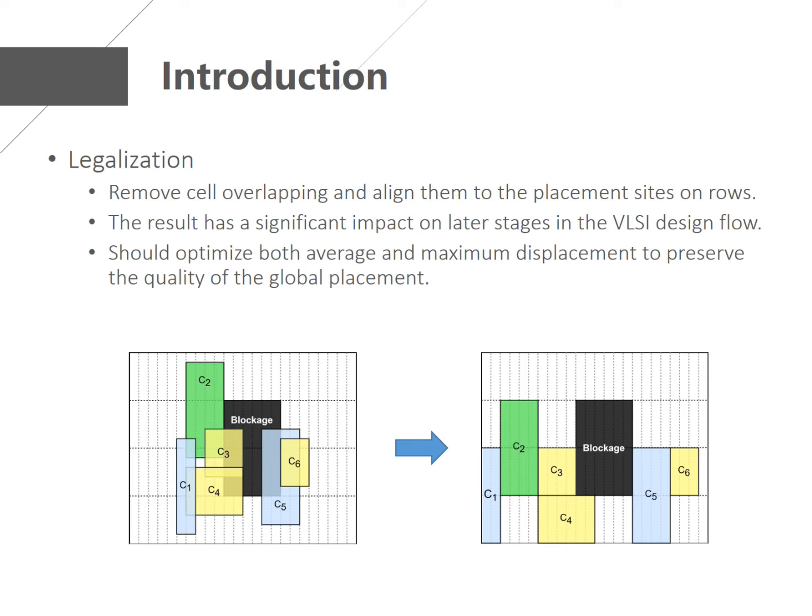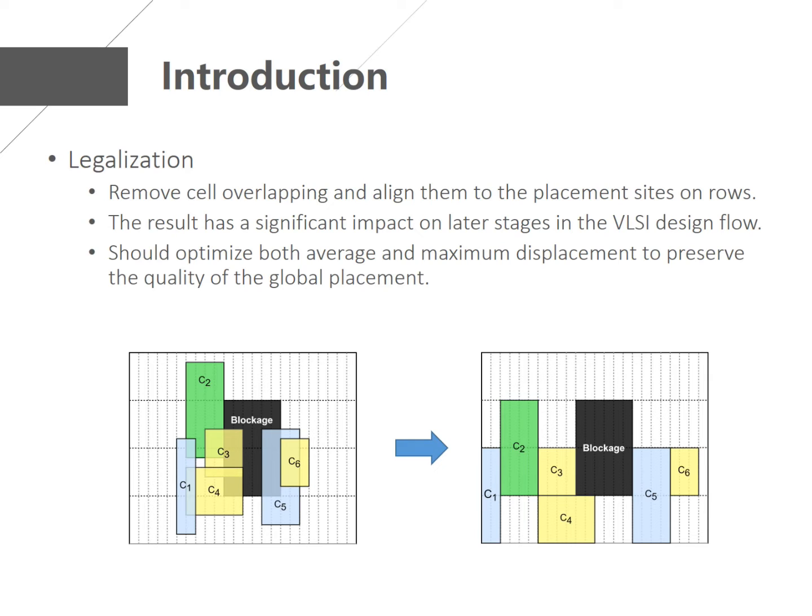Legalization occurs after global placement and before detail placement, targeted at removing overlaps among cells and aligning them to the placement sites on rows. As its name suggests, an ideal legalizer should only deal with legalizing cells. It should preserve the quality of global placement as much as possible.